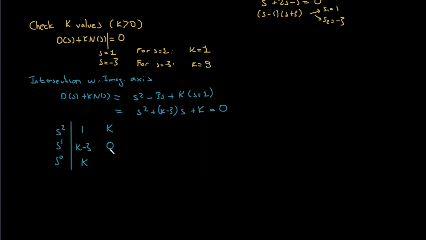All right, so first of all, for stability, the first column should be all positive, right? So the system is stable if k is greater than 3, because there are no sign changes in the first column and they're all positive.